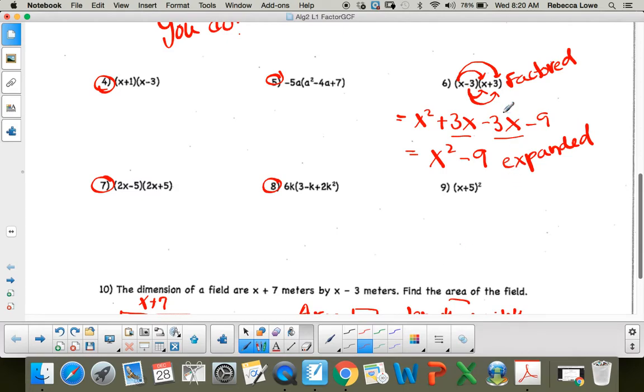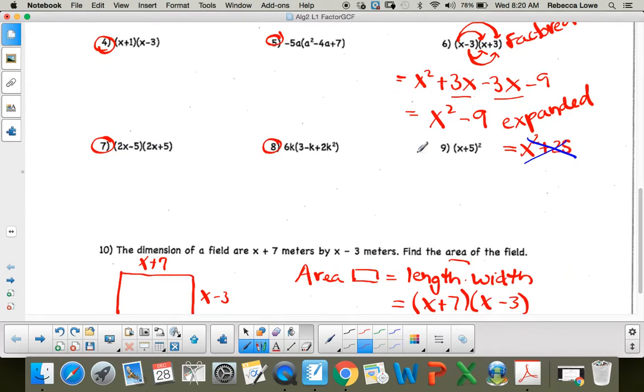So number 9, a common mistake is made in number 9. A lot of people write x squared plus 25, and that is incorrect. Do not be the person that does that. x plus 5 squared is the same thing as x plus 5 times x plus 5. So you have to use double distribution or FOIL to multiply those.